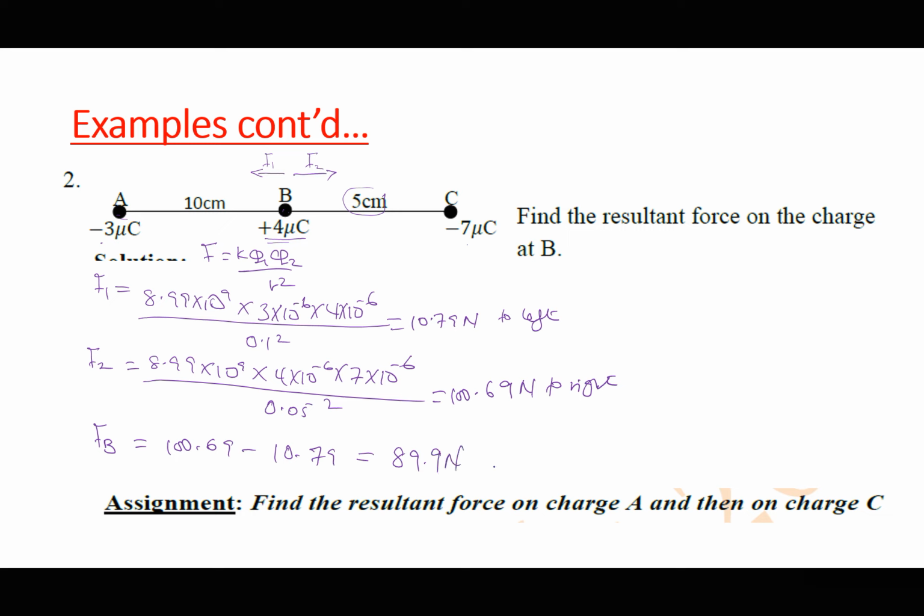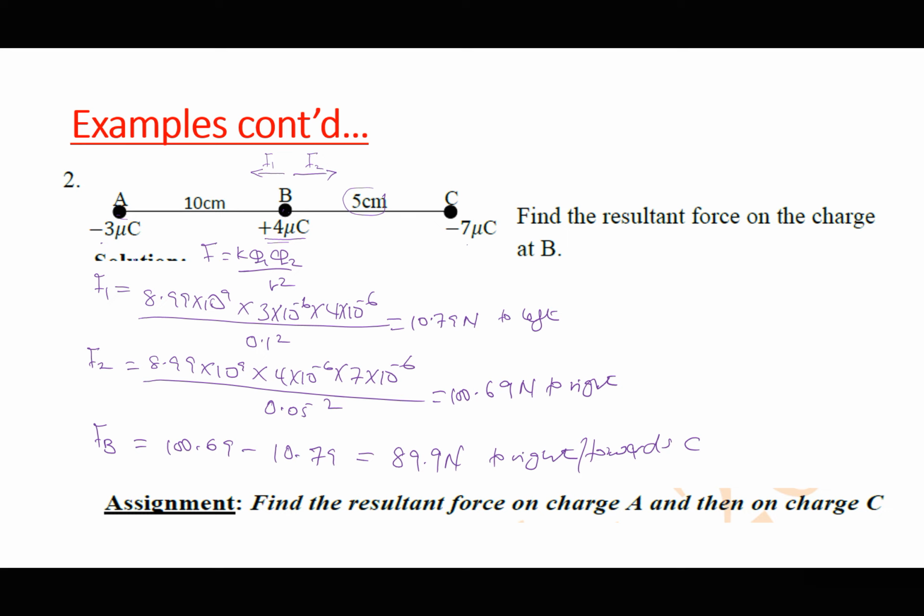And this is going to be to the right or towards C. So that is the resultant force on charge B. Note that in calculation we're not including the negative and the positive signs. The negative and positive signs are just guiding us to tell the direction of the force on the charge.